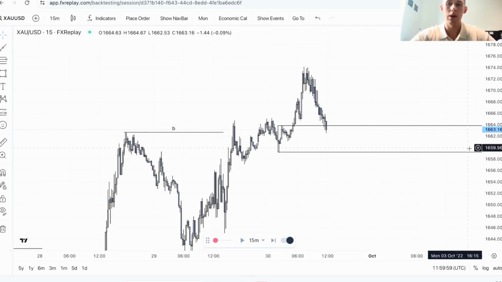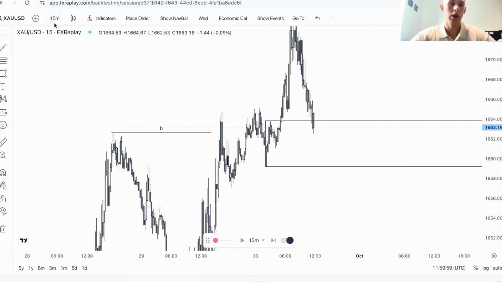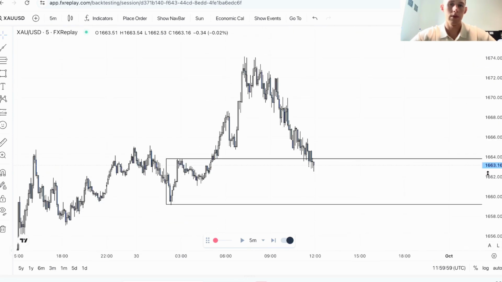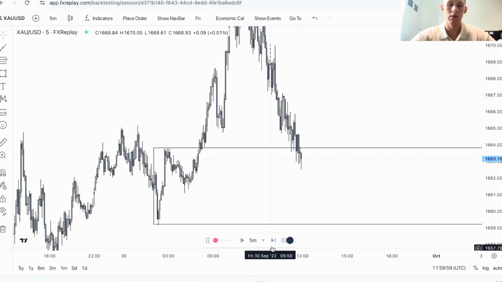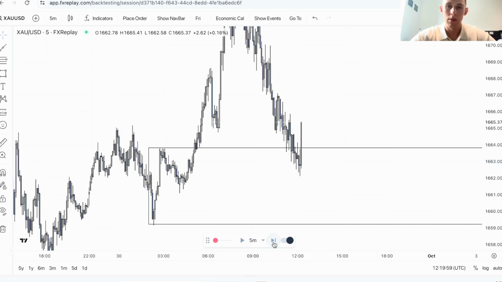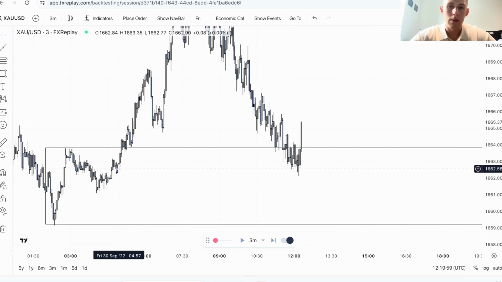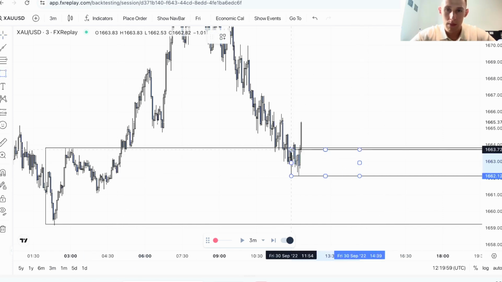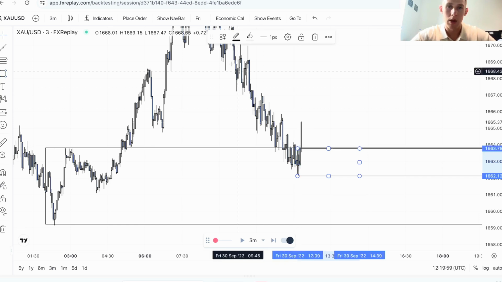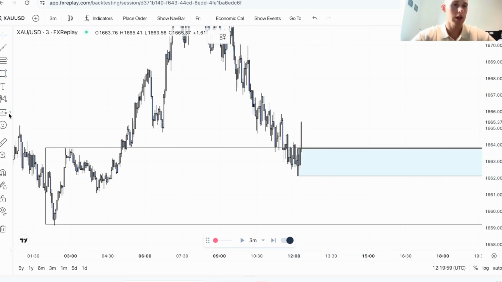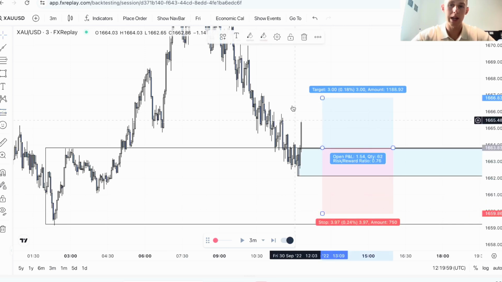Had a sweep at that low. Clear break of structure. So I'm going to enter here, but have slightly bigger stop loss.